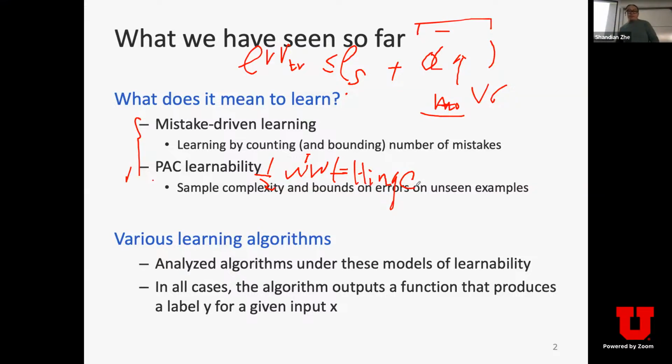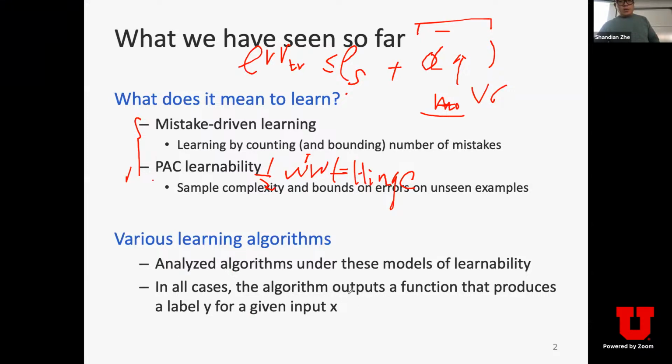Based upon these two frameworks, we have seen various learning algorithms, such as online learning, stochastic gradient descent, and greedy heuristic search, like in decision trees.